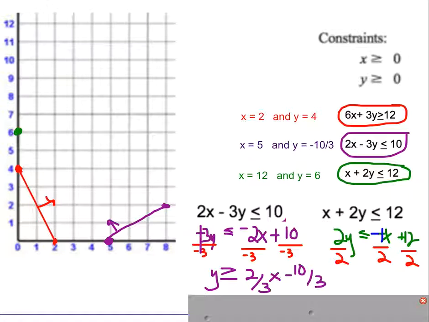So we need to go down 1 over 2, down 1 over 2, down 1 over 2, down 1 over 2. So those are connecting.